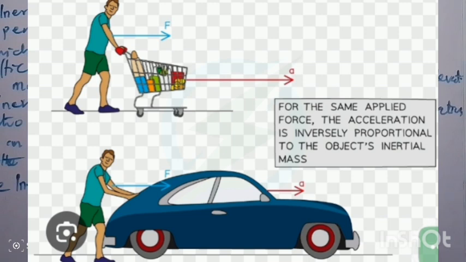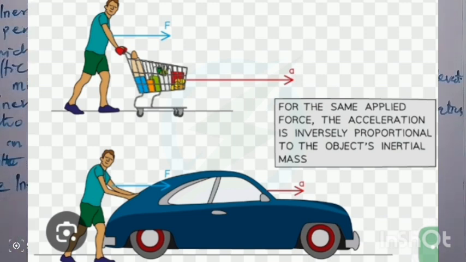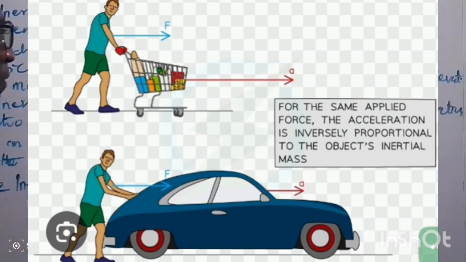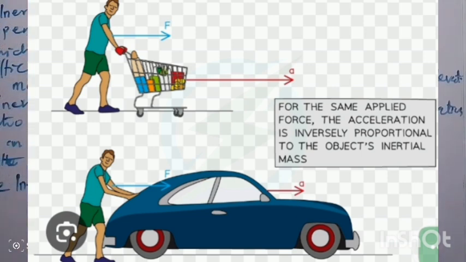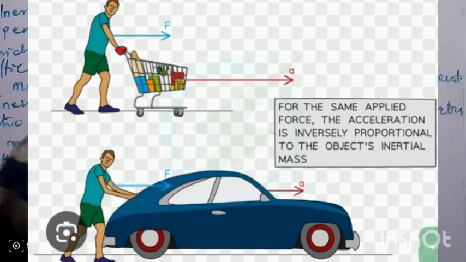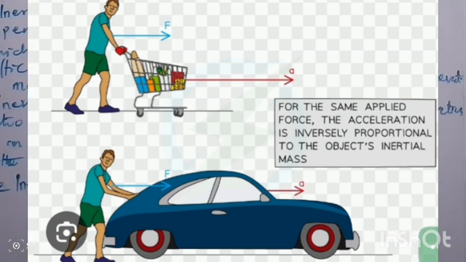The first man is pushing a wheelbarrow, the second man is pushing a car. From the diagram, the man pushing the car will have larger inertial mass and smaller acceleration. And the man pushing the wheelbarrow will have smaller inertial mass, therefore larger acceleration.